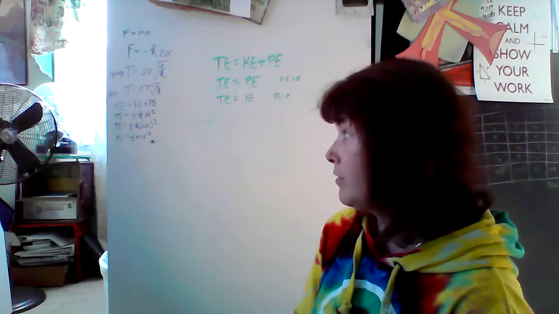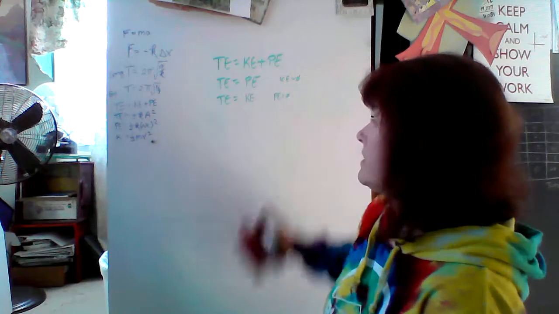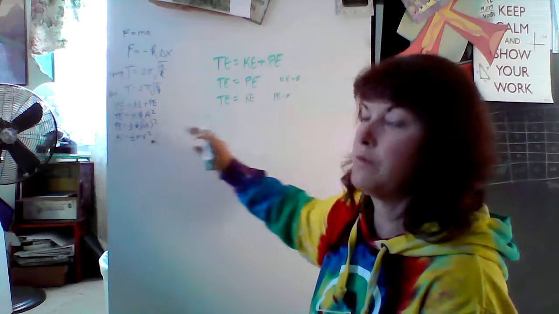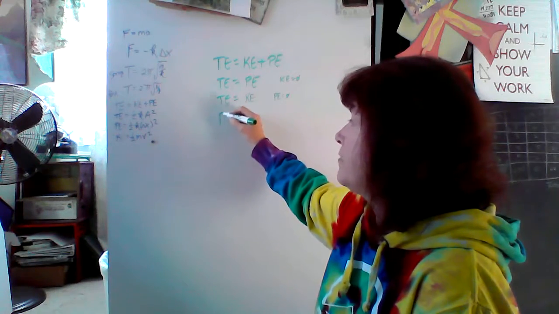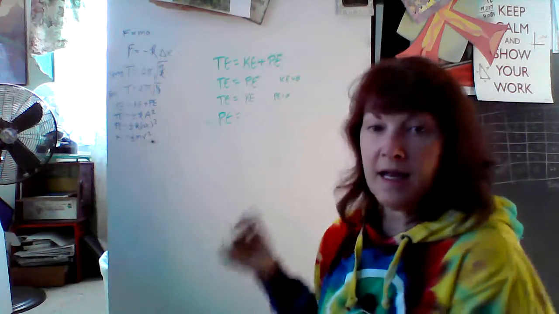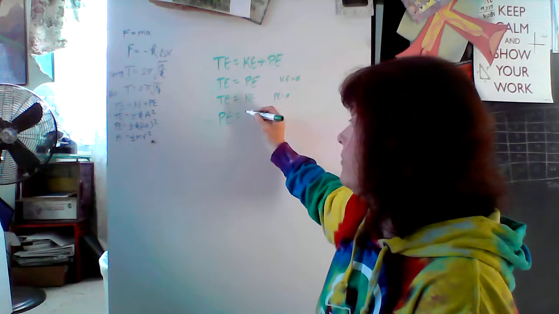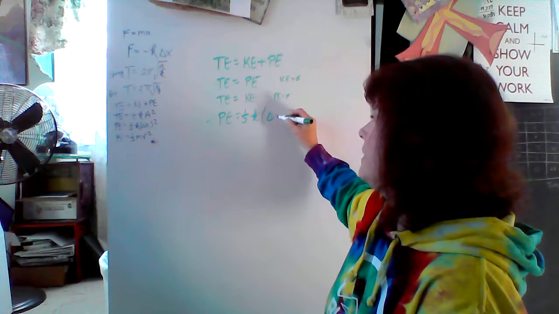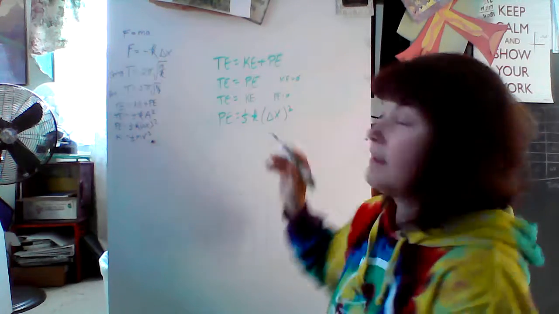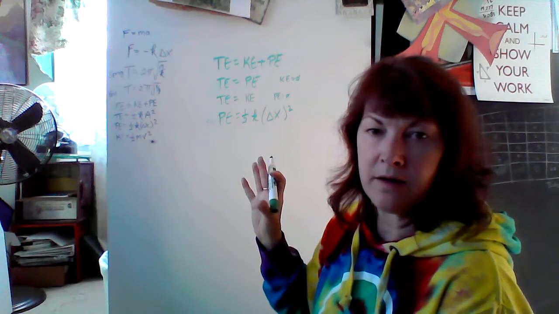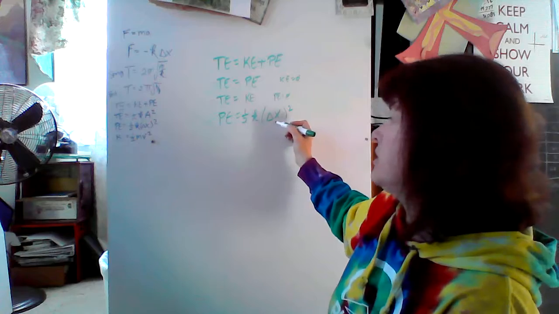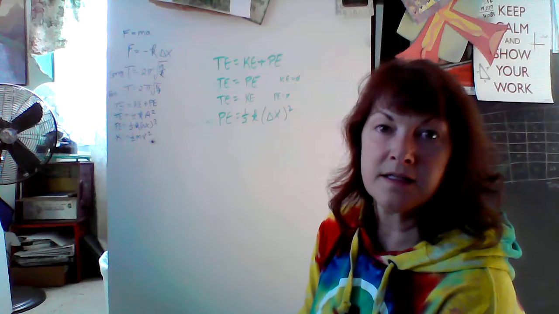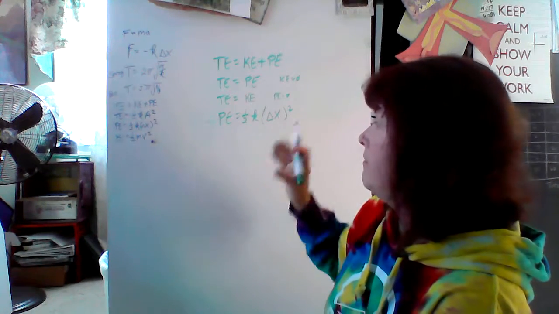So in our periodic motion, we are adjusting some of our formulas a little bit. We're then saying that the potential energy of the system at any given point is equal to 1/2 the spring constant times the amount that we move it squared. So again, this is the change in the displacement of the mass.